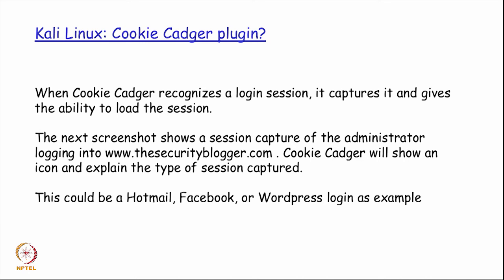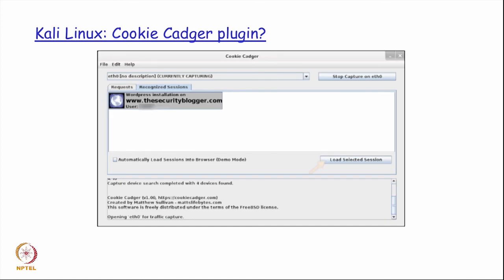So, the cookie catcher plugin has the intelligence to detect that this request that is coming in is a login session request from the browser to the particular web application server to which it is trying to establish a connection, right. After it has started capturing live traffic, it has recognized that there has been a login attempt to the site called securityblogger.com, and it has also printed the user string, which has been masked out here, right.